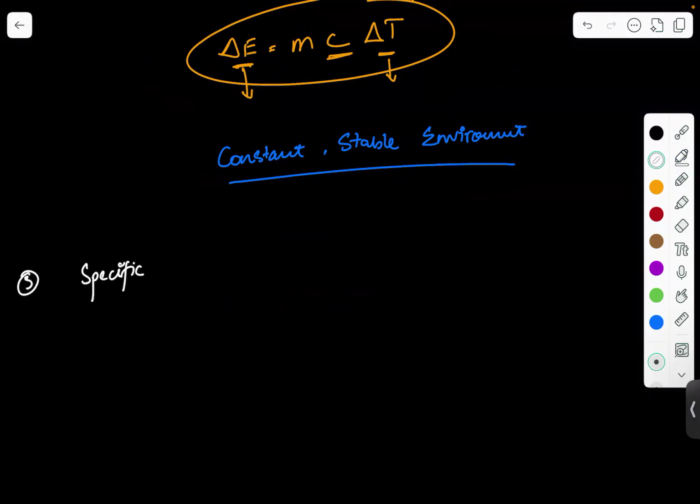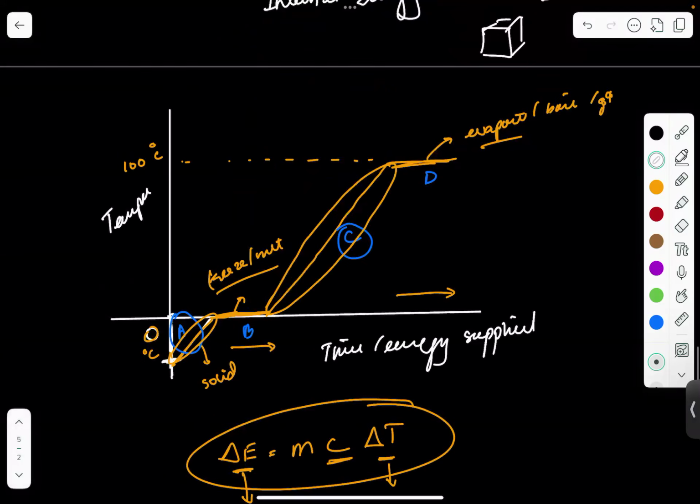Latent heat. Okay, so there's another concept in these phase changes. This is your specific latent heat of evaporation.